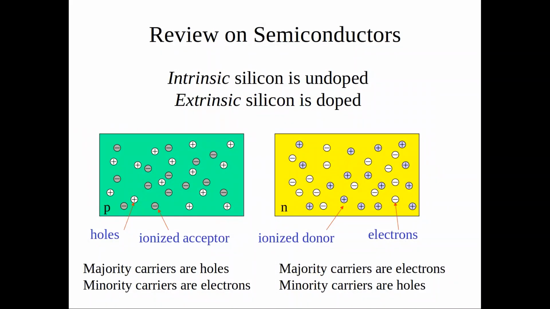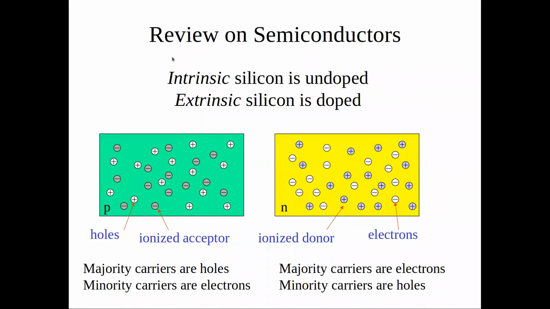In order to do that, we need to take a piece of intrinsic silicon, meaning that it's a pure crystal, and then we need to dope it, or add extra donors or extra acceptors. And as soon as you do that, your intrinsic semiconductor becomes extrinsic.